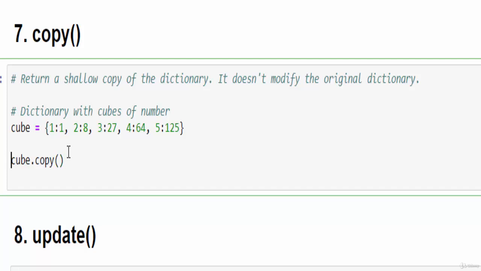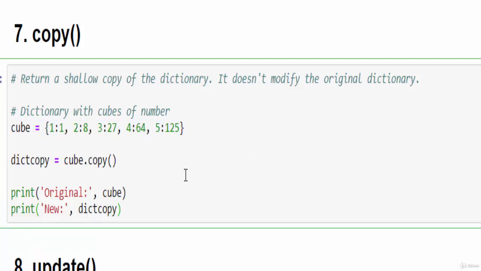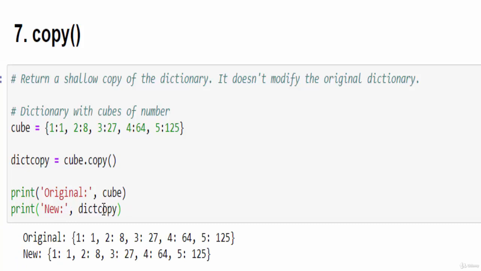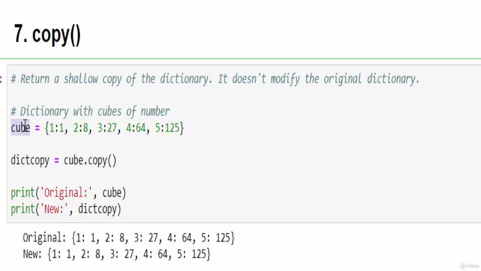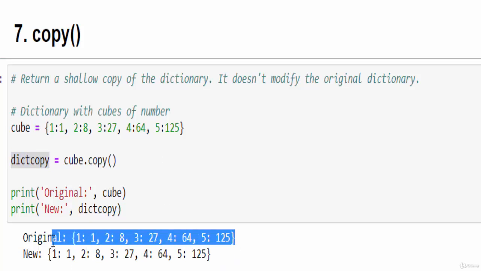Then only we can do the modification. Created a copy, dictionary copy. This variable will contain the copy of cube. Just printing the original and also the new copy, running it. You can see this is the original and this is the copy of the dictionary variable. To this dictionary variable, we can do any manipulation and the original will not be affected.